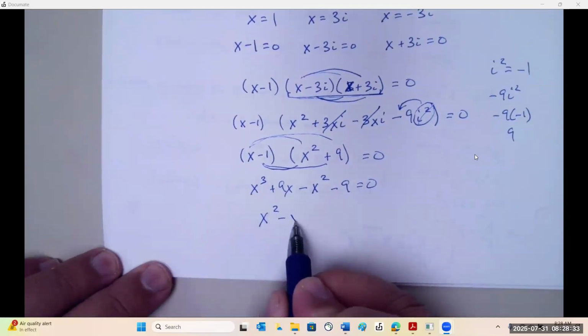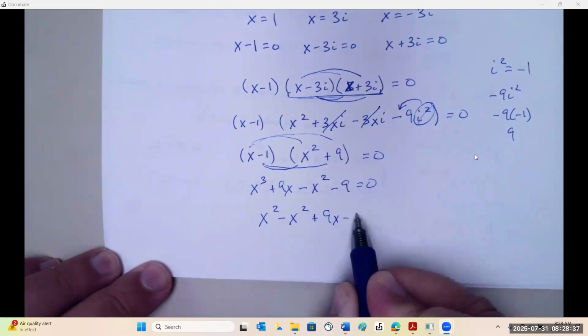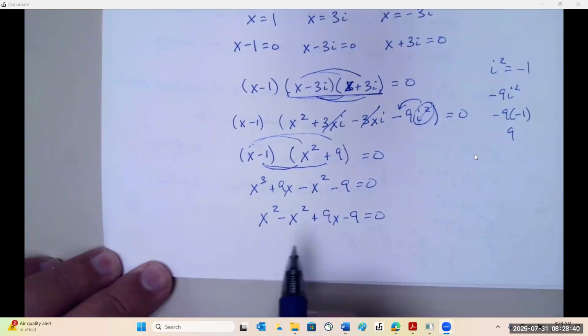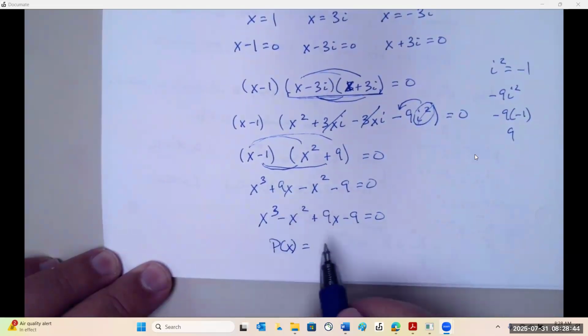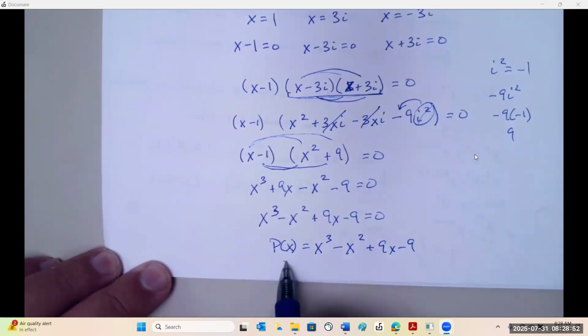Rearrange them so it's in decreasing order. And there's my polynomial function of degree 3 with those zeros.